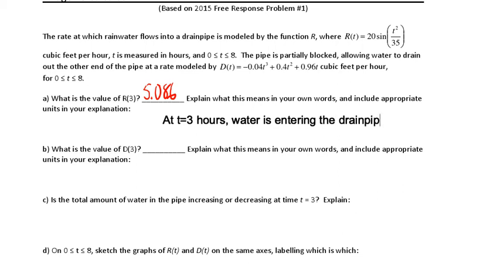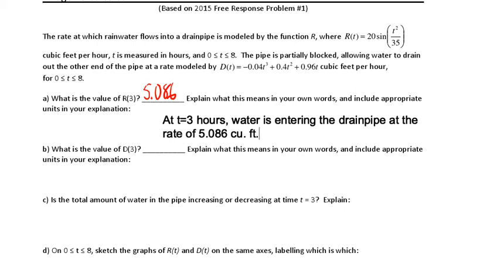And here's, if you were going to explain to a person in the room, that's the way I would say it. If you want your calculus answer, the answer that's going to make sure you get credit, you would say at t equals 3, D of 3 is greater than R of 3. Okay?